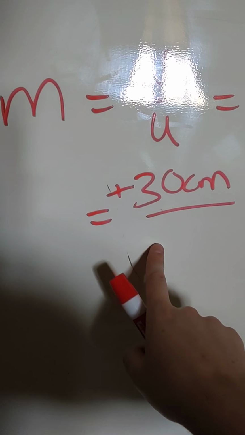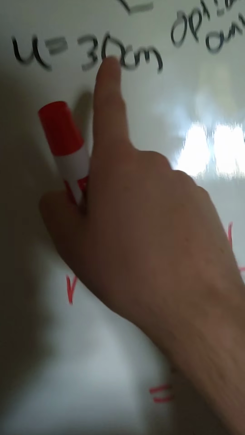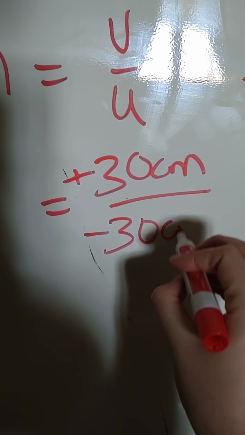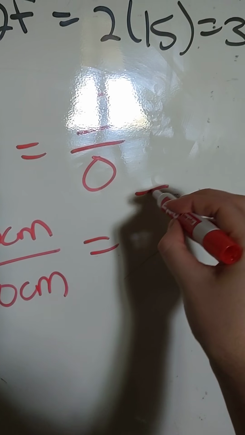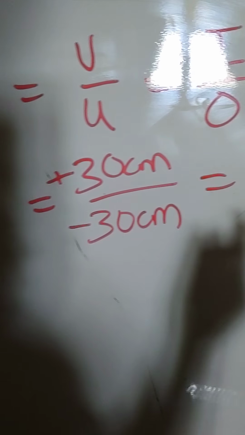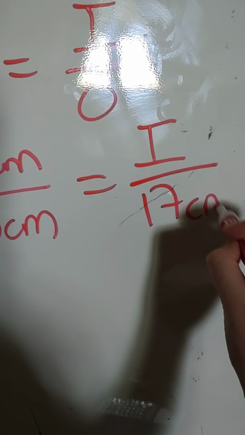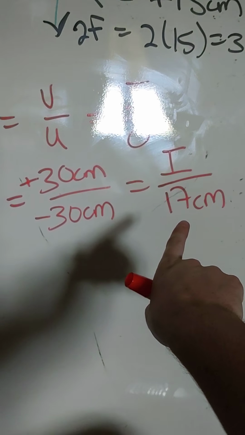The object distance is on the left side, minus 30 centimeters. Equals, we're trying to find I as well here in a second. Notice I over object size, which is 17 centimeters, same equation. You'll see why I did this in a minute.